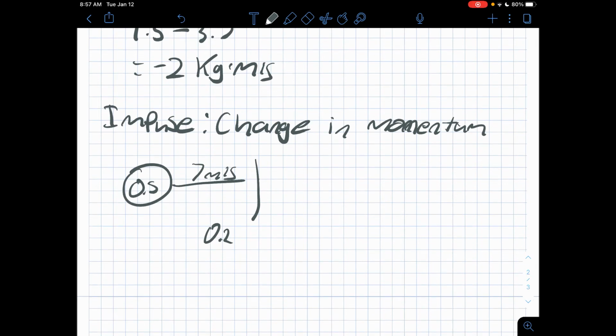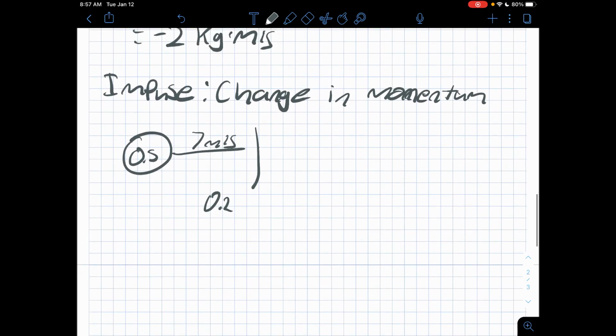That being said, there are a few different formulas for impulse. You can use the one that we did before, which was the final momentum subtracted from the initial momentum. An impulse, since it's a change in momentum, is typically written as delta P, which could be written as P final minus P initial.